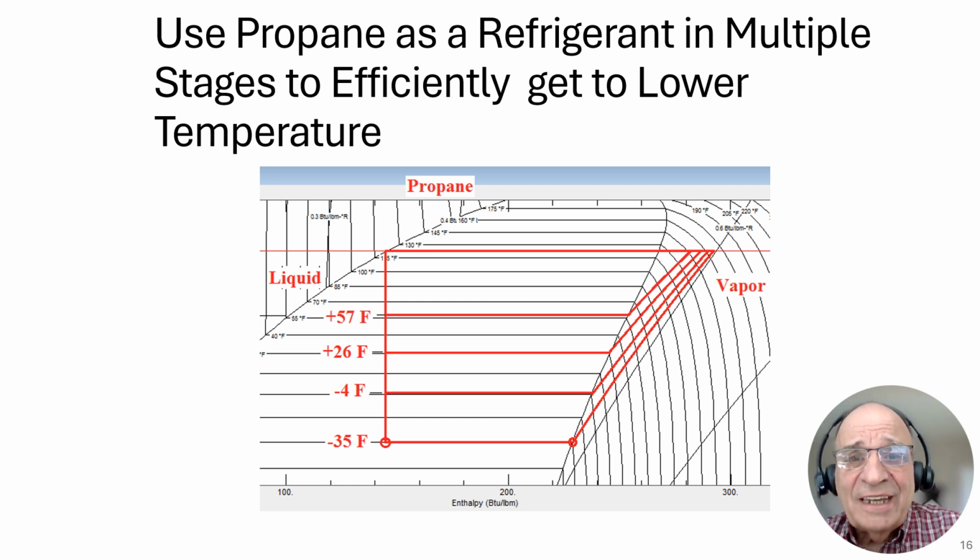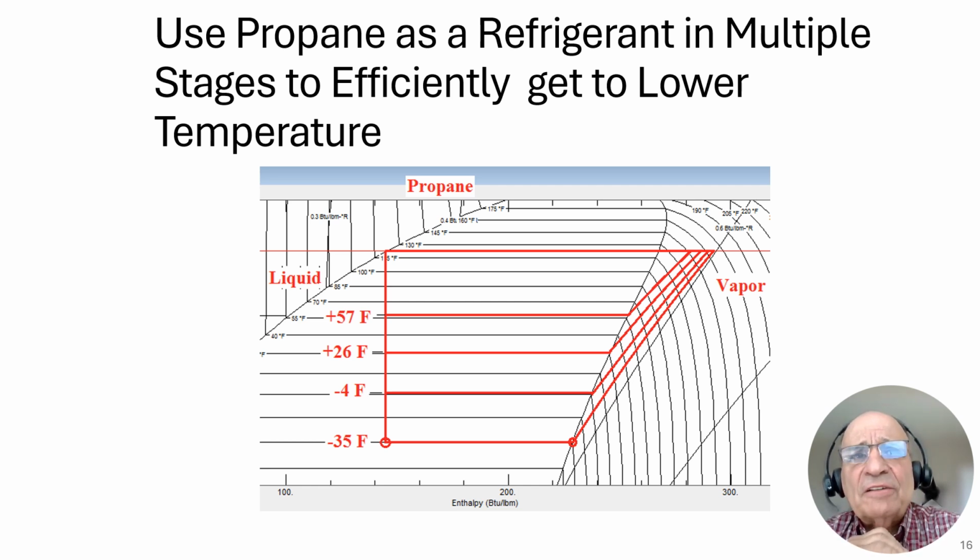At 5 psi gauge, the refrigerant is not very dense. So your compressor needs to be rather large to take in that amount of refrigerant, so many pounds per minute or so many pounds per hour, at such low pressure. So there's a negative of having a refrigerant that's at too low a pressure.